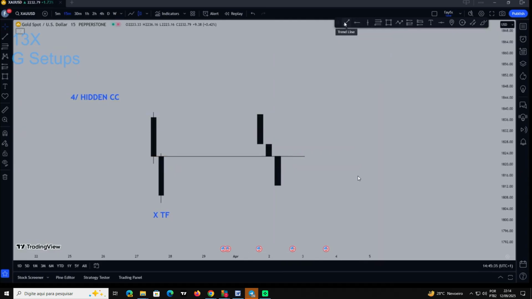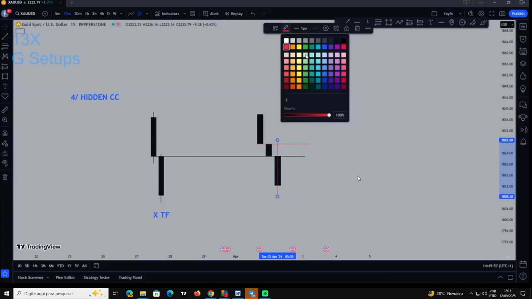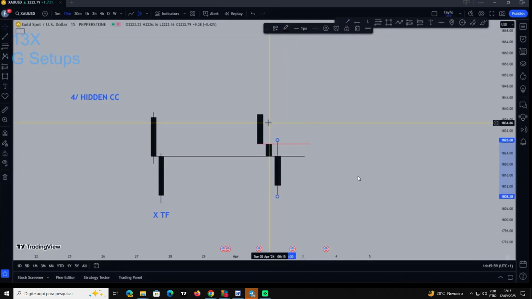But the thing is, there is a hidden CC here, just above for sells and just below for the buys. We're going to find a gap CC just above that level.